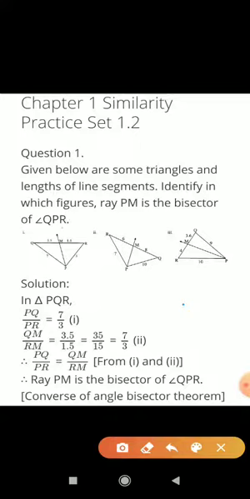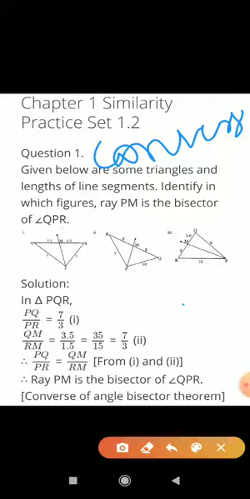Now this question is based on the converse of the angle bisector theorem, not the angle bisector theorem itself. We first have to find the ratio, and if the ratio is equal, then according to the converse of angle bisector, ray PM becomes the angle bisector of angle QPR.